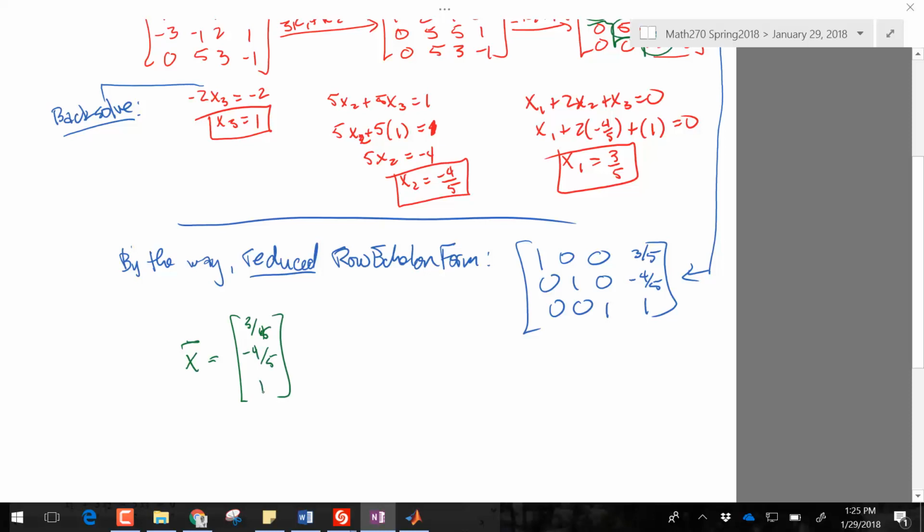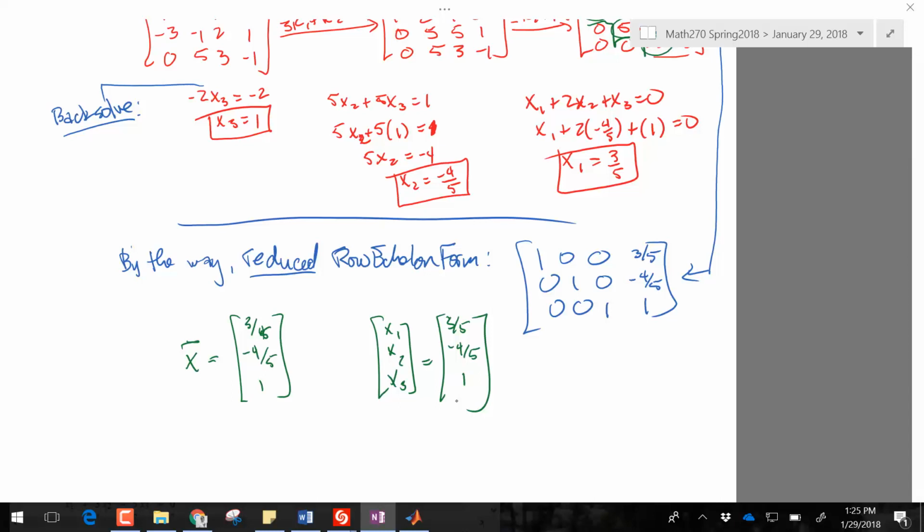That's another way to state this solution. Say x1, x2, and x3 equals 3/5, -4/5, and 1.